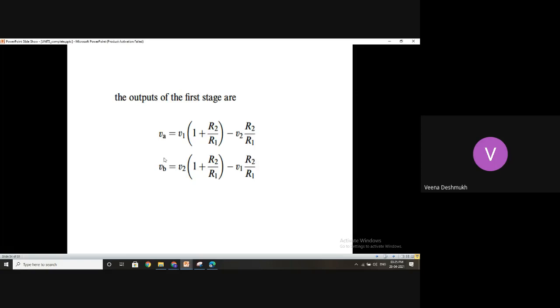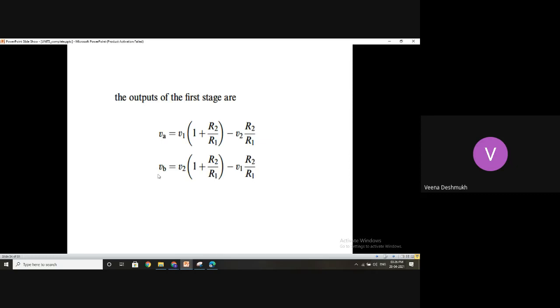Similarly, your voltage VB, where the V2 source is connected to the non-inverting terminal. So the gain here is 1 plus R2 by R1 into V2, minus the other voltage which is coming from V1, which is connected to the inverting terminal. So that gives us the gain of minus V1 into R2 by R1.